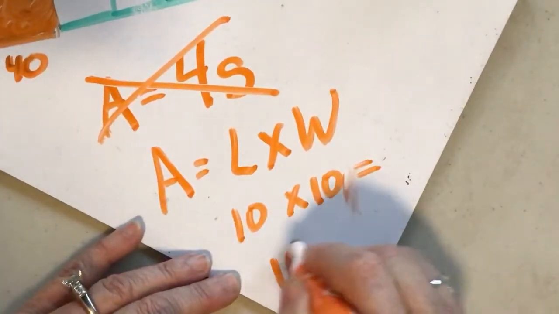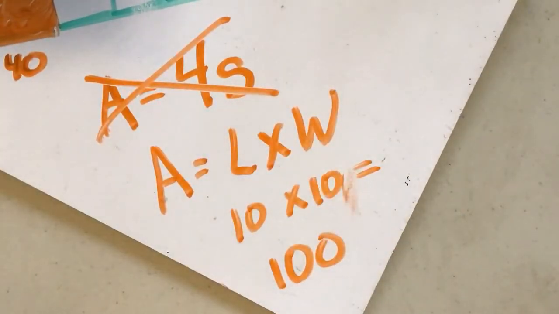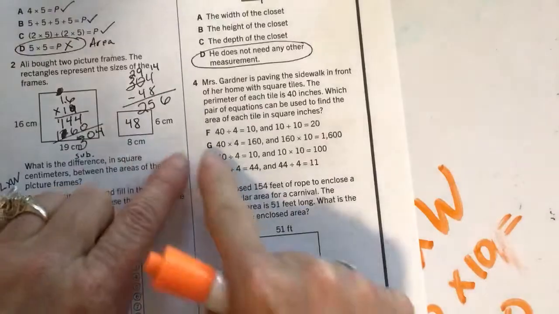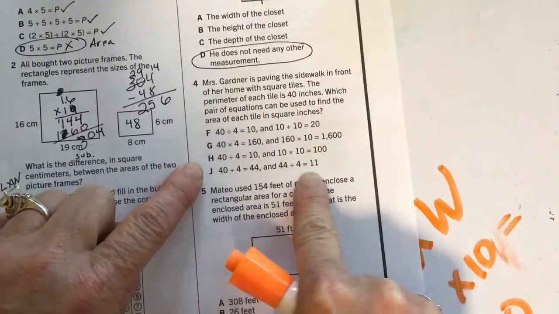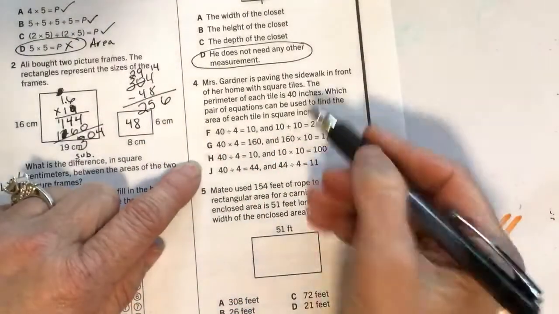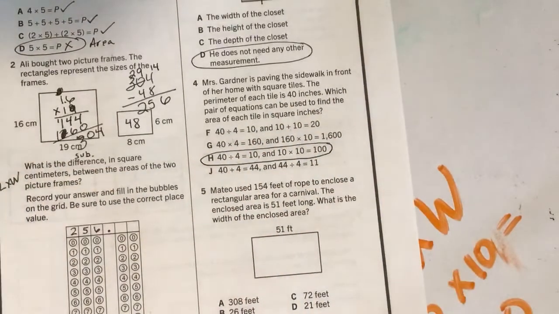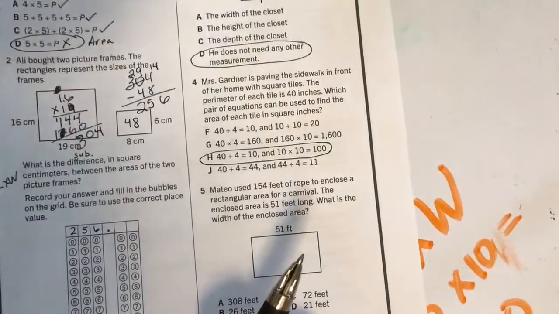which is 100. Okay, so it's asking me which equation did I use to figure that out. And this is the one that I had to use right there. Pay attention because I think there is one like this on your Friday assignment that you'll be doing on your own, okay?